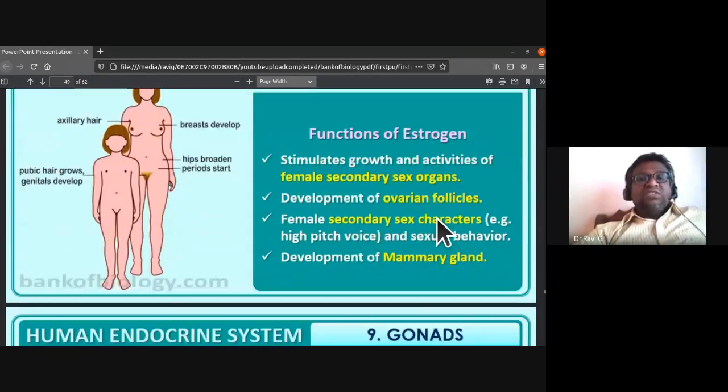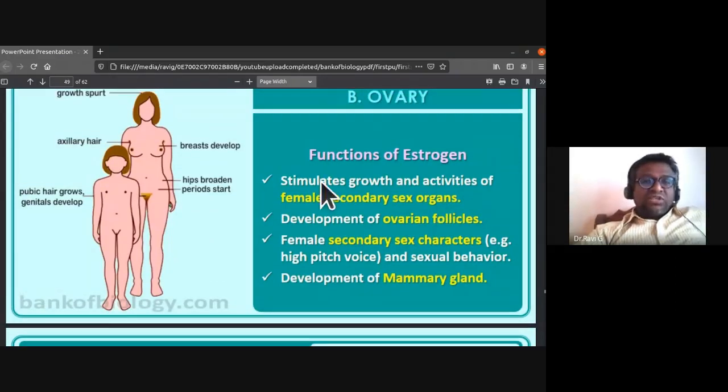The functions of estrogen, similar to testosterone: the primary and secondary sexual characteristics in females are because of this estrogen hormone, the female hormone secreted by the ovary. The ovary is a primary sex organ as well as an endocrine gland.